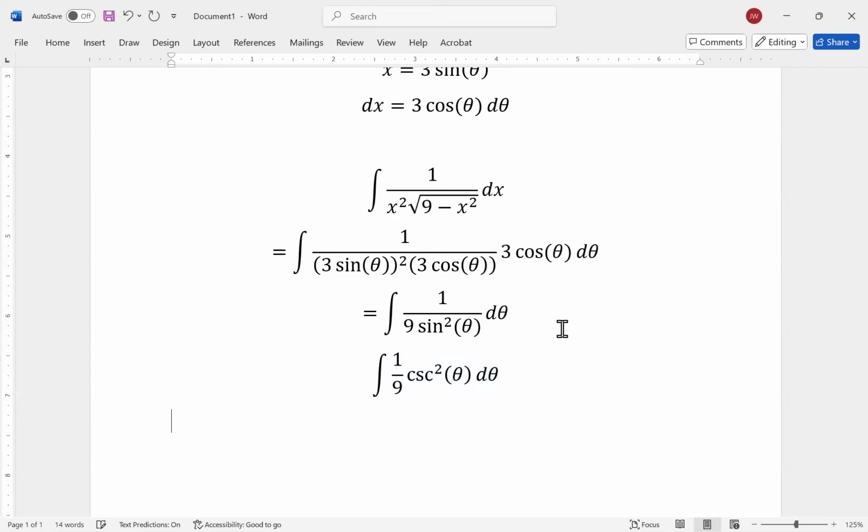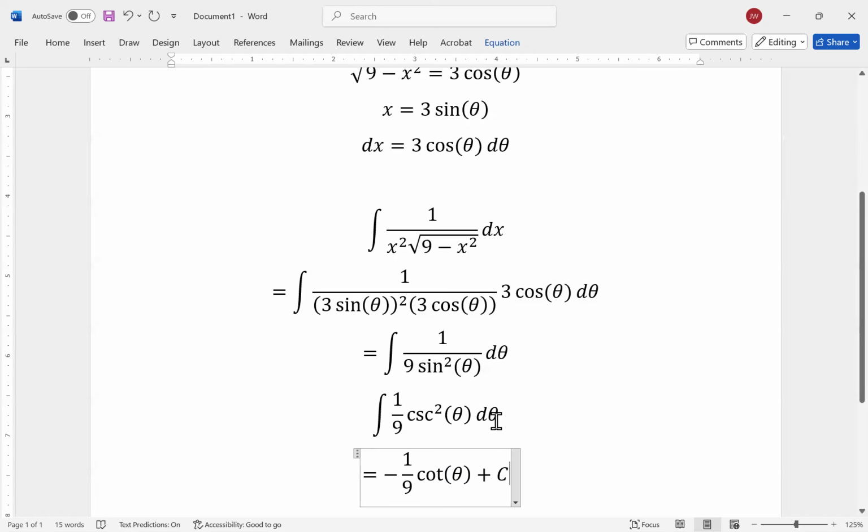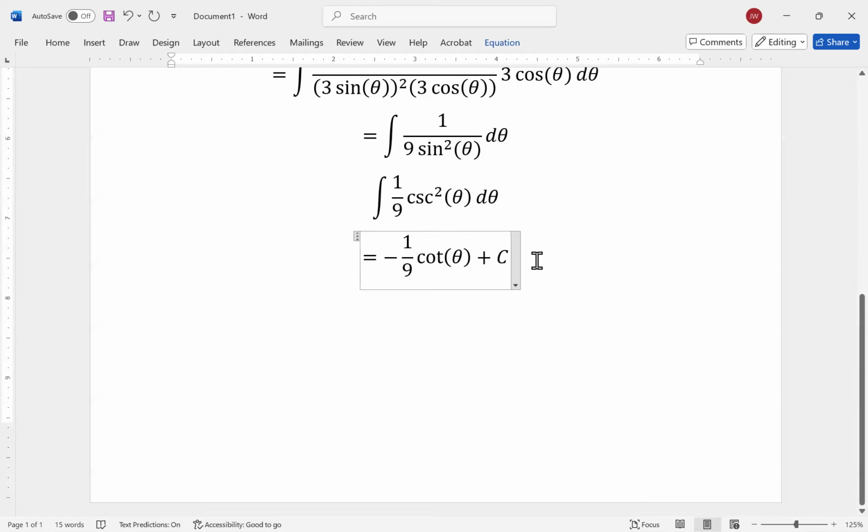Now the antiderivative of cosecant squared is a negative cotangent. So I end up with a negative 1/9 times the cotangent of theta, obviously plus some constant. Now, as far as cotangent goes, cotangent is cosine over sine.